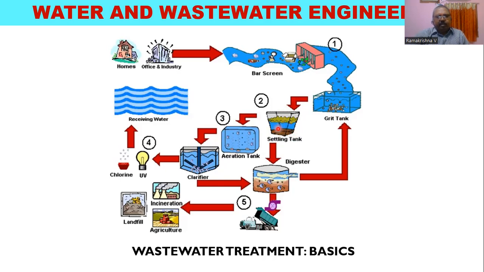And the biological solids, which can be decomposed by bacteria, will be sent through the aeration tank. Here the biological treatment system is there, and the biological solids separated in this system will be settled out into another sedimentation tank, which is called a secondary clarifier, or secondary sedimentation tank.